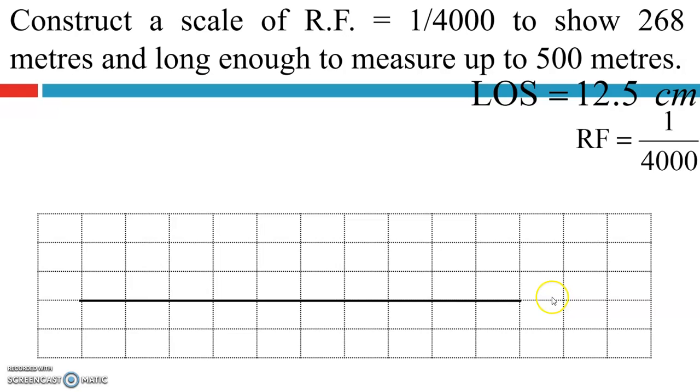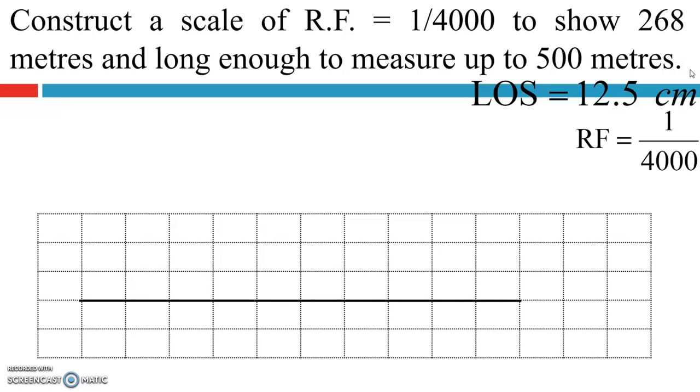Now we have to divide this line. So again we have to think, this line represents which dimension? Yes, this line represents 500 meters. So if I divide this line into two divisions, each division will represent how much dimension? Each division will represent 250 meters.